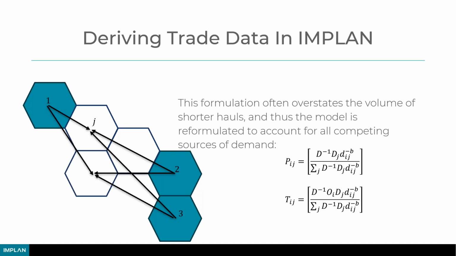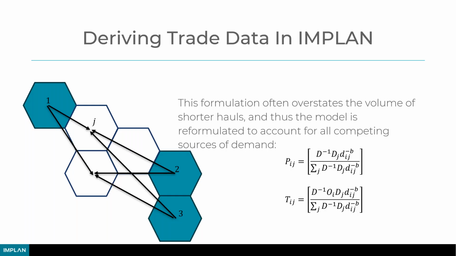In a number of studies, experience showed that these formulations can often overestimate the volume of short hauls. Again, Isard and Carroll and Bevis showed this. And this led to a reformulation of the gravity model to account for all competing sources of demand.